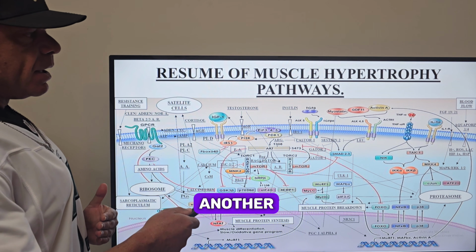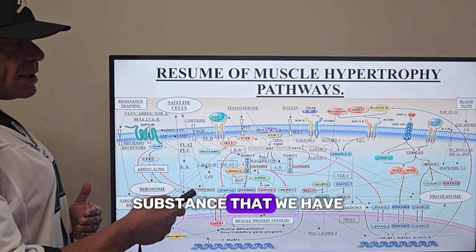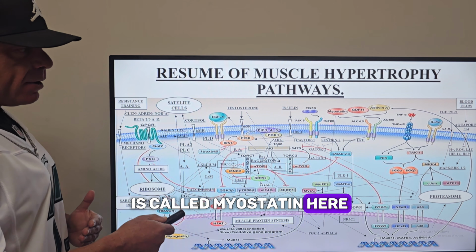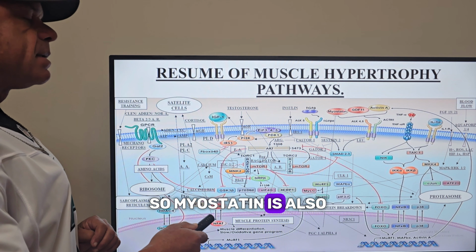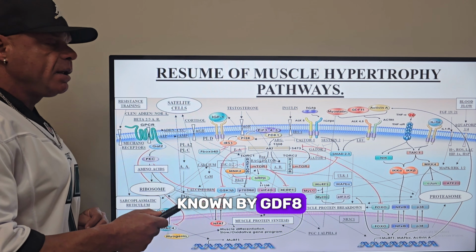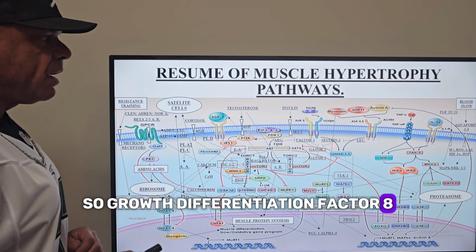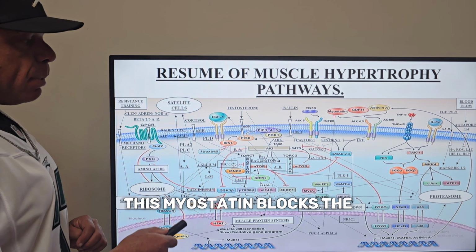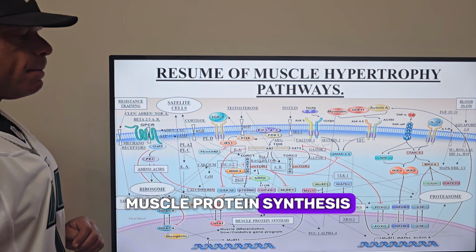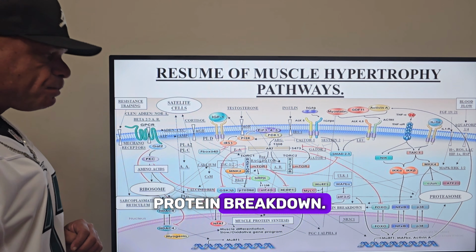Another substance that we have is called myostatin here. Myostatin is also known as GDF8, growth differentiation factor 8. This myostatin blocks muscle protein synthesis and increases muscle protein breakdown.